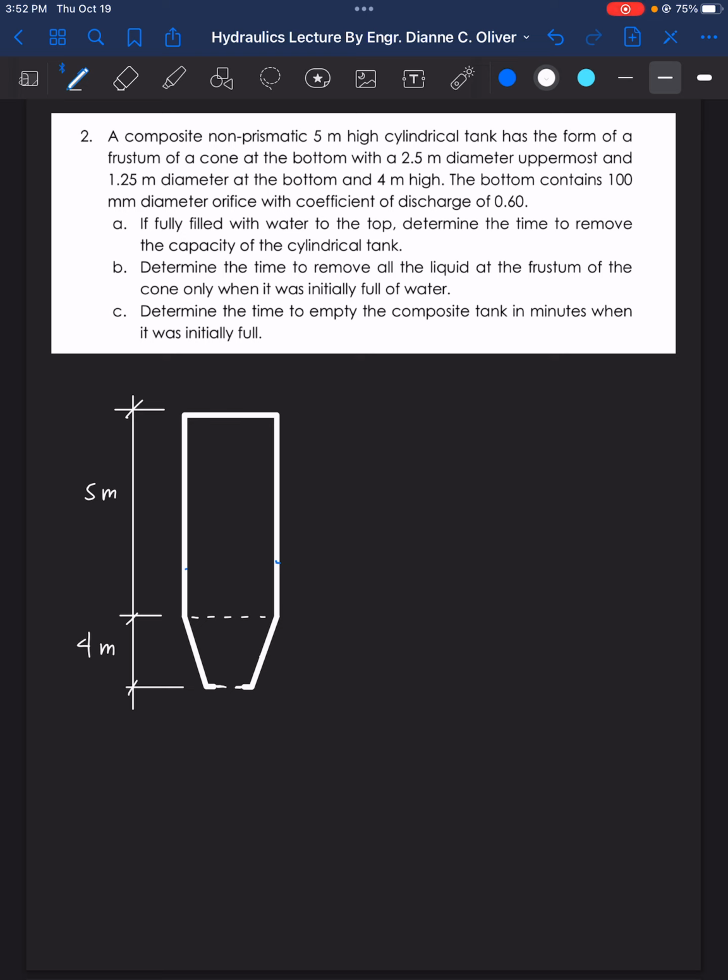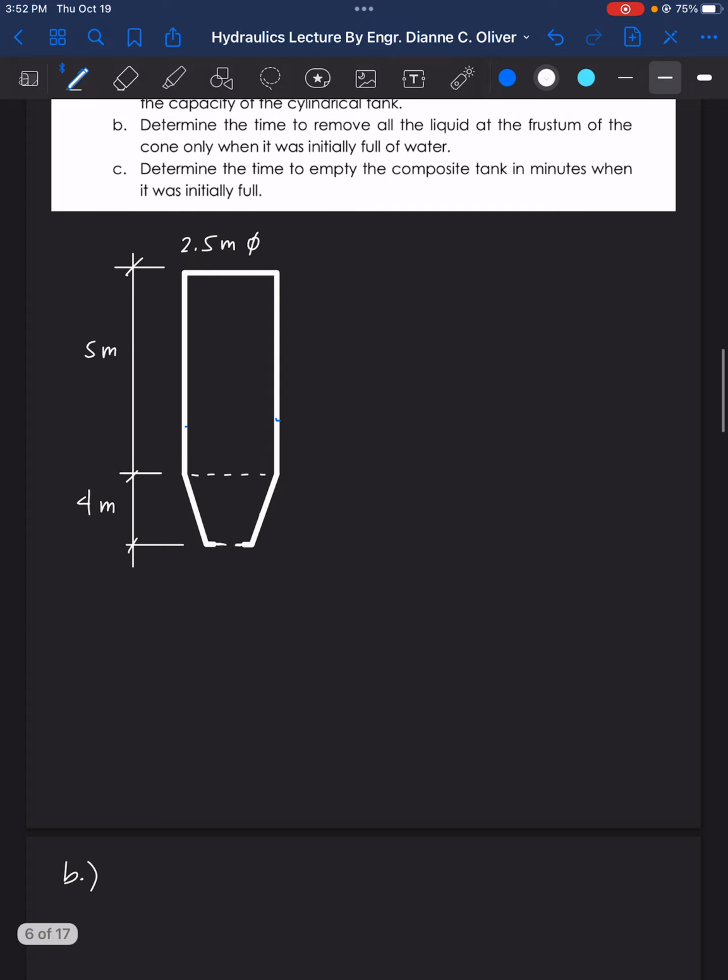Okay, so having the diameter at the uppermost, 2.5 meter diameter uppermost and 1.25 meter diameter at the bottom. So that is 2.5 meters diameter at the top, and we have here 1.25 meter diameter at the bottom.